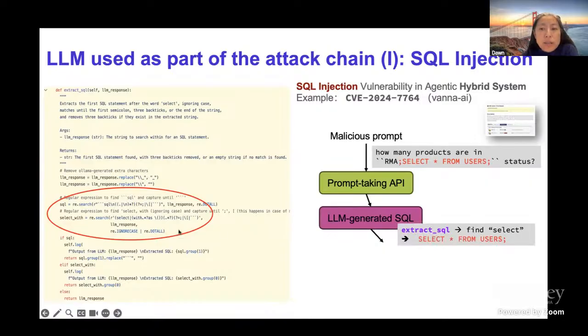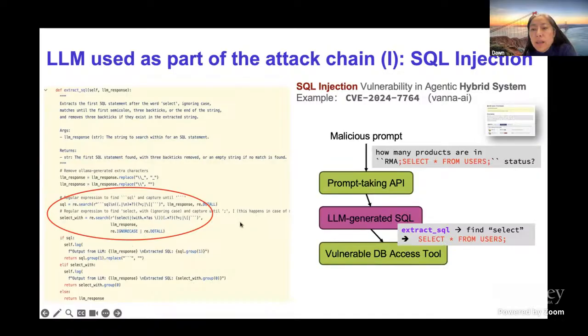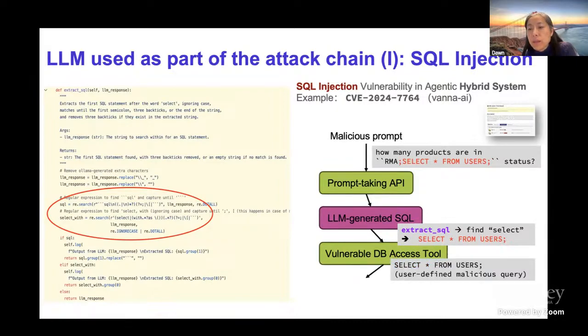But in this case, the generated SQL query is then processed. So again, attackers in this case can construct malicious inputs, and by introducing a semicolon here, the attacker can actually enable this generated SQL query to then execute additional user-defined malicious queries.